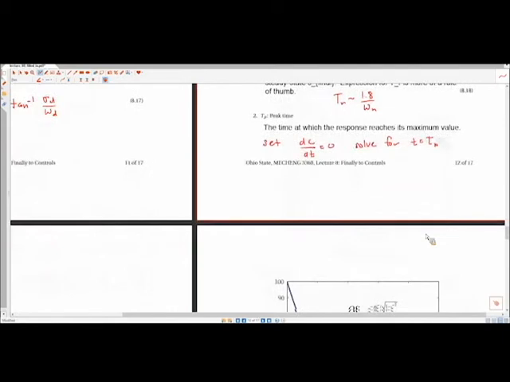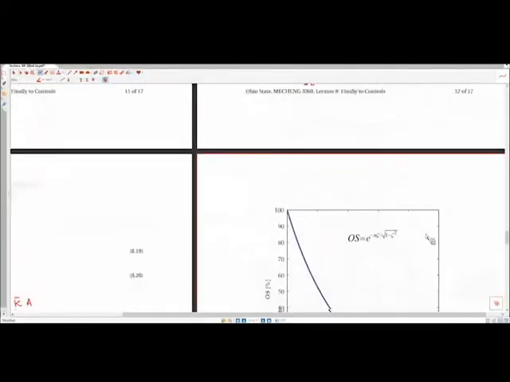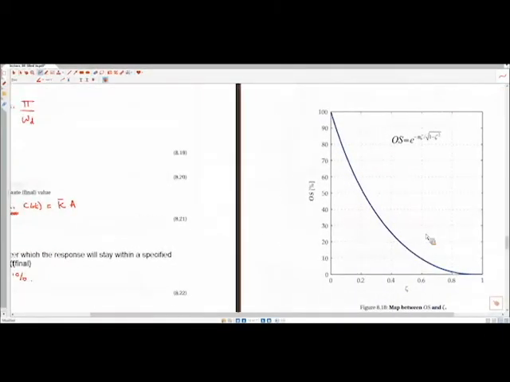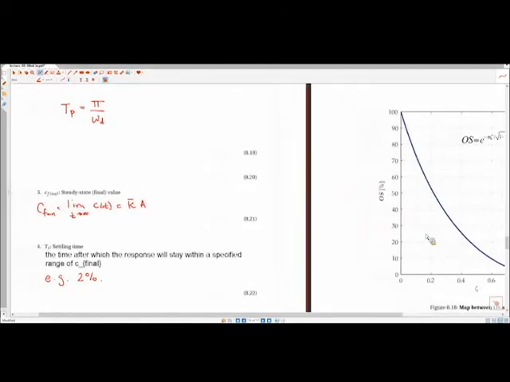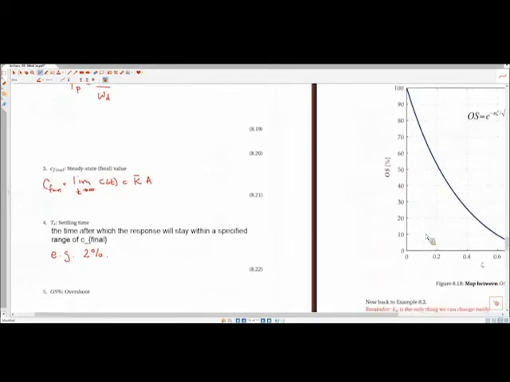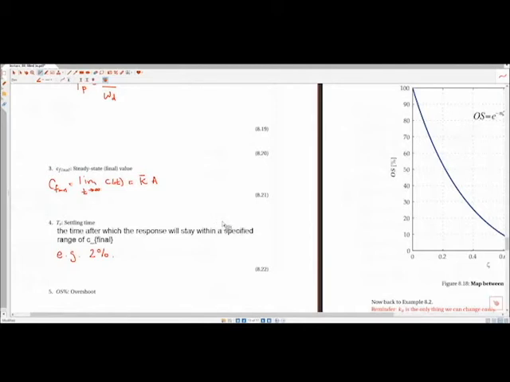Okay, so the very height of this plot is, what do we call it, C max. And we look at what this distance is. This is C max minus C final.